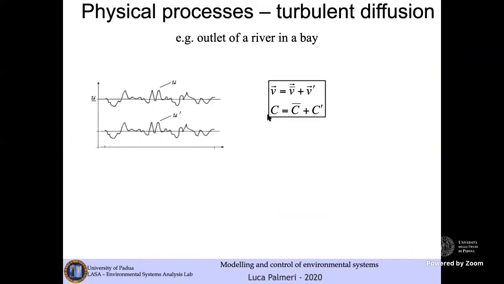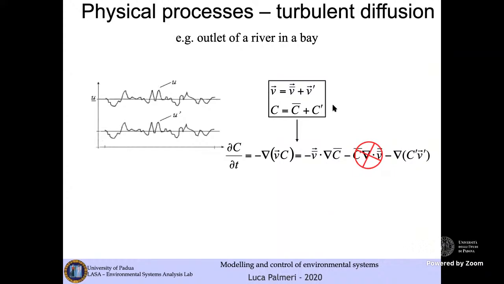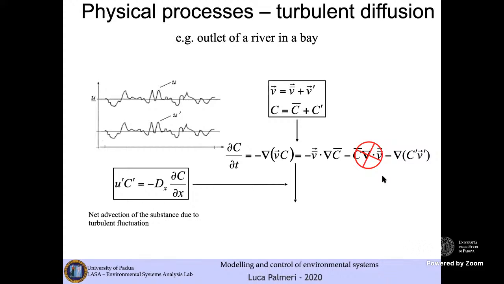Same for concentration. Concentration is equal to the average concentration plus a perturbation of the concentration. If we put all these things together, again, we consider incompressible fluids, otherwise things might get very complicated. You obtain a net advection of a substance due to turbulent diffusion.